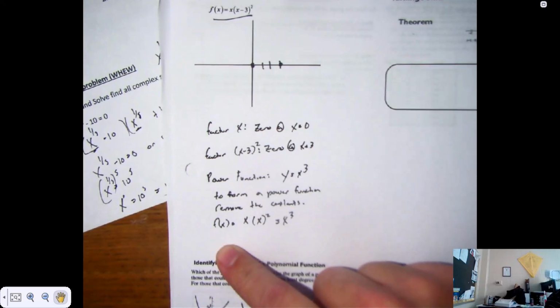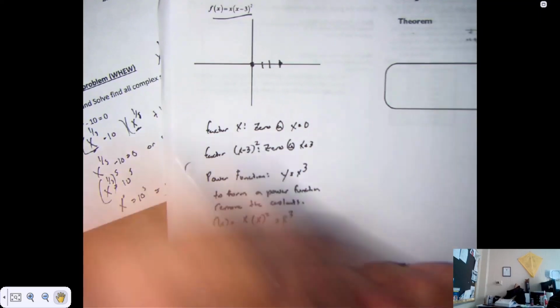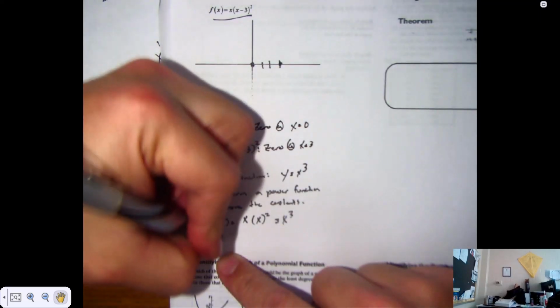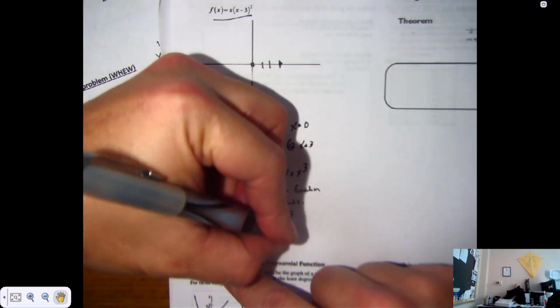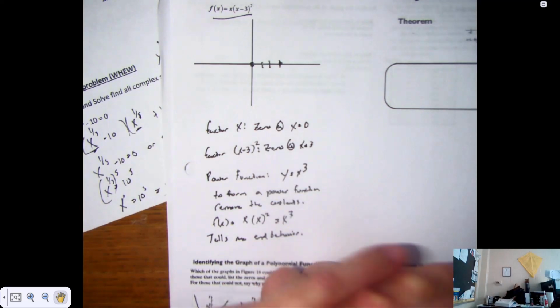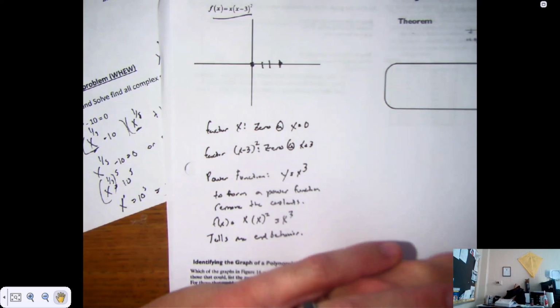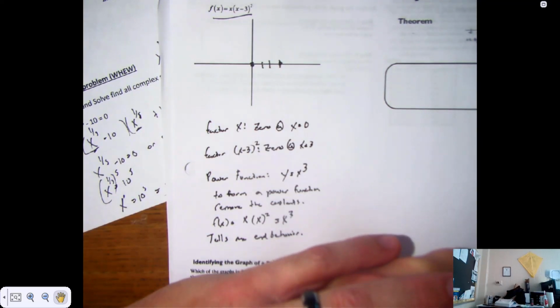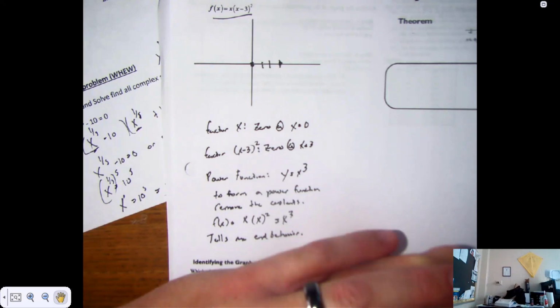Now, the power function tells me about the end behavior. Because I did something a long time ago called memorization. I did it. I don't know if you did it. I know how this thing starts its day and how it stops its day. Y equals x cubed. You look at it on a graph. Heck, you guys had to memorize the mother function for y equals x cubed.